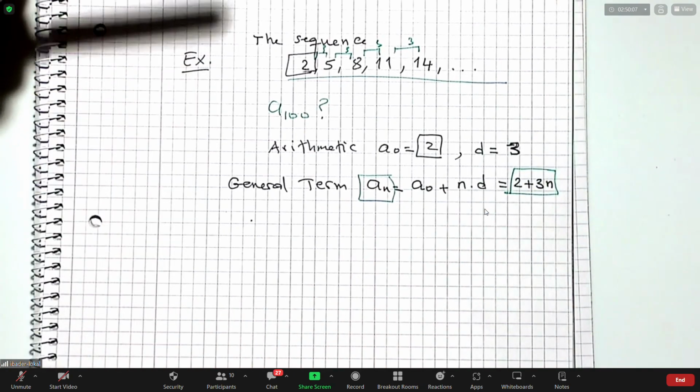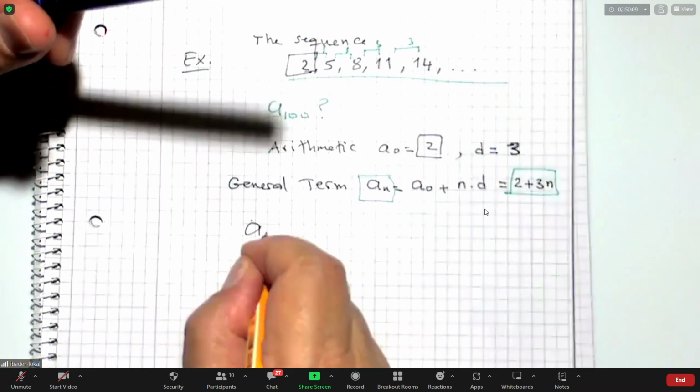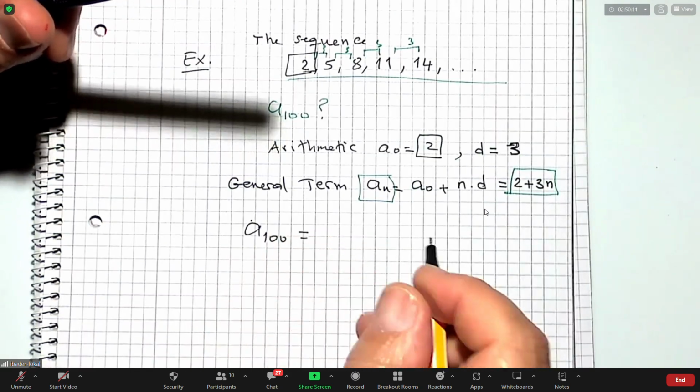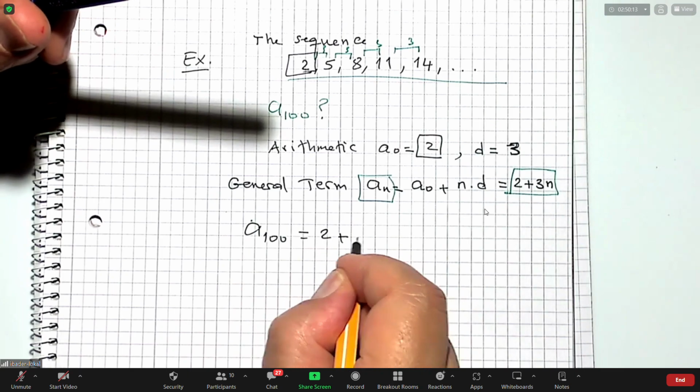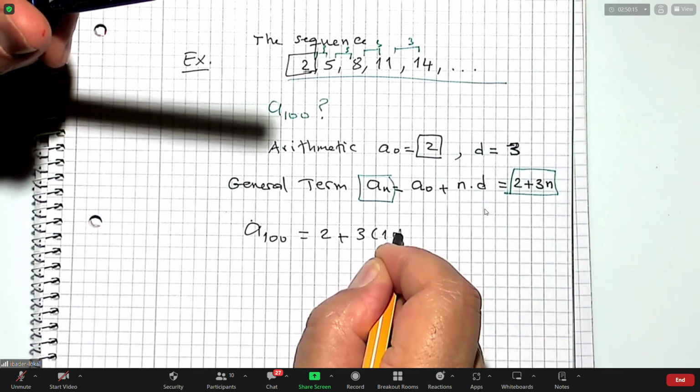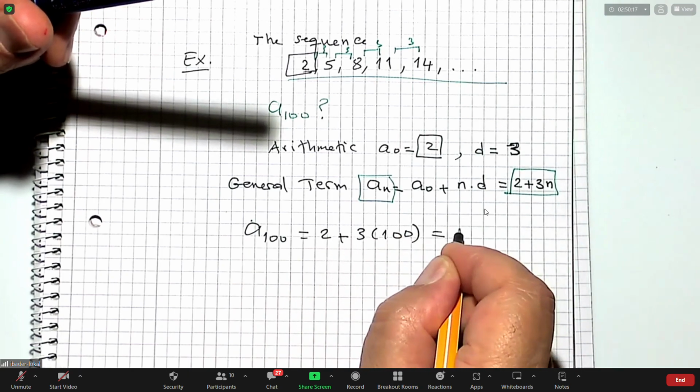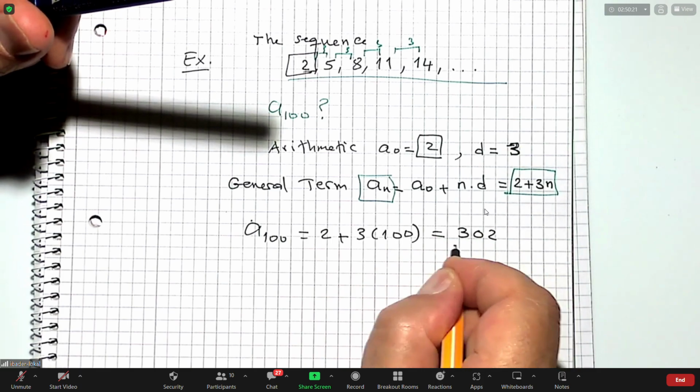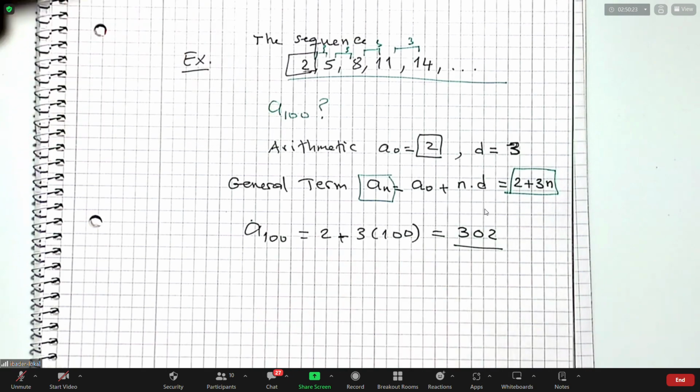That means at A100, just plug in n equals 100: 2 plus 3 times 100, and it's going to be 302, I hope.